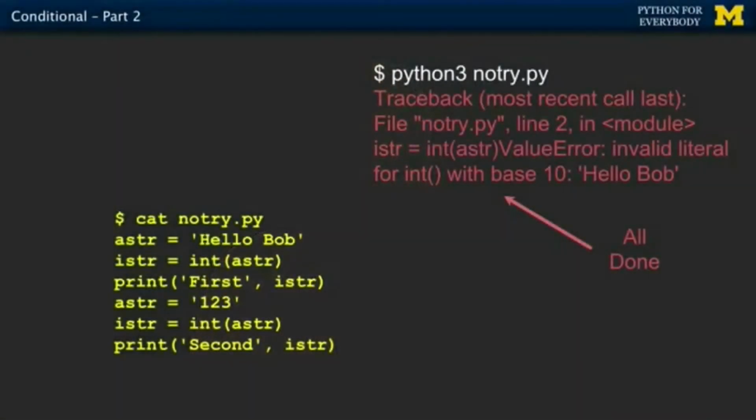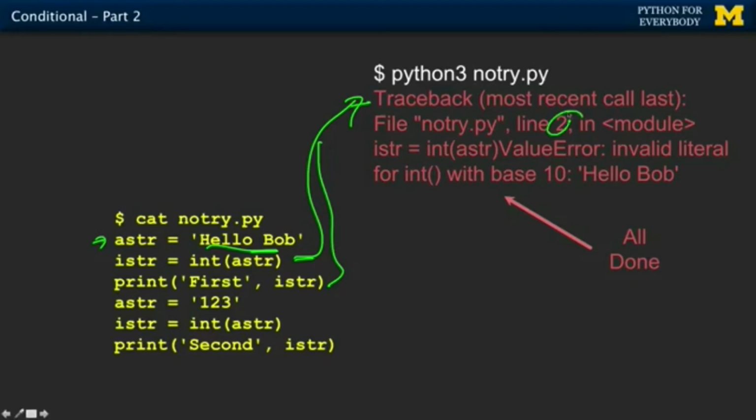This is a sample we had from the previous code, and it comes down, it sticks hello Bob in, then it converts this to an integer, and we know that if these things aren't digits, this code blows up. And so it runs, and we get the traceback. The traceback happens because of this line right here. But the key thing about the traceback is that, as I told you before, it stops.